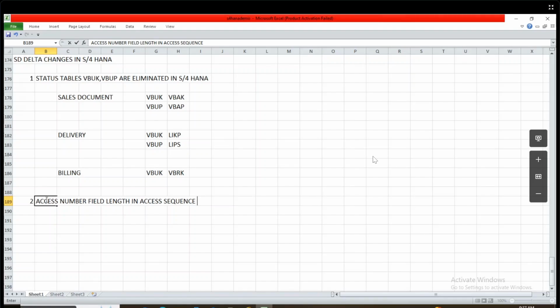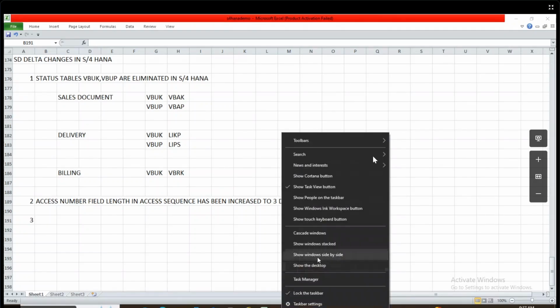It has been increased to 3 digits. Take this: access number field length in access sequence has been increased to 3 digits. You can see this.